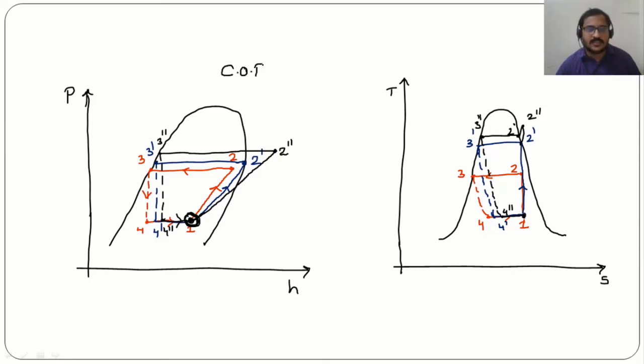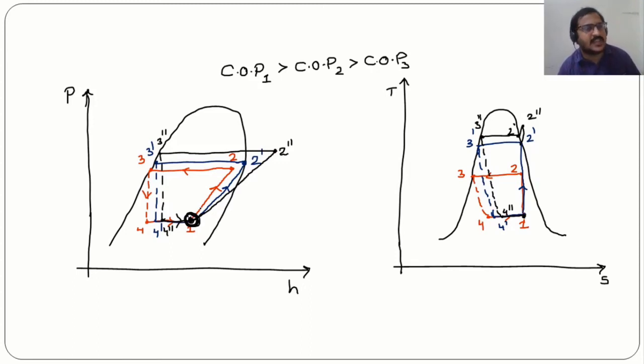So COP in the first case will be greater than COP in the second case, than COP in the third case, when we have considered the same exit condition from the evaporator. Now here you can observe that the COP in condition 1 is more than COP in condition 2 than COP in condition 3, because we are considering here the same exit condition from the evaporator. So the amount of work required for superheated refrigerant to come out from the compressor is more.